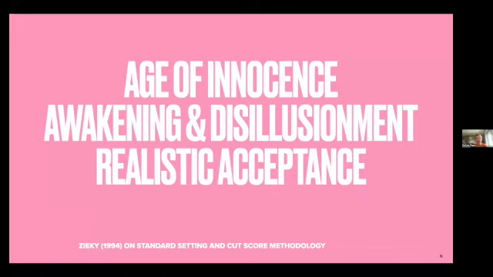This doesn't mean that they didn't exist, cut scores and standard setting, but they were not the object of research. And then the next age, the age of awakening, was mainly related to the emergence of criterion referenced assessment in the 1990s. And a huge amount of publications appeared on standard setting and cut scores then.